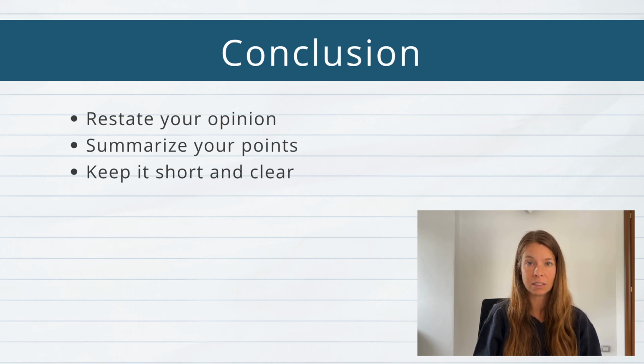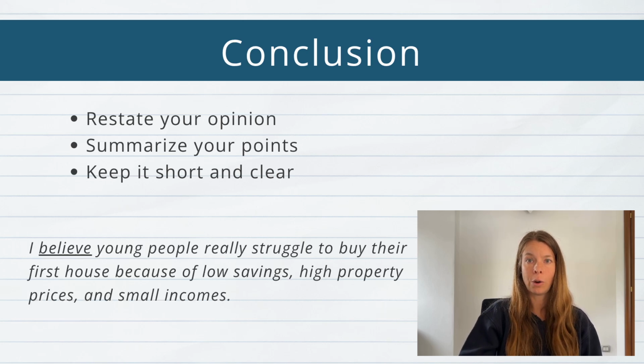Right, so we've already discussed everything. This is just going to tie it all together and put a little cherry on top of your final essay. So our example here is, I believe young people really struggle to buy their first house because of low savings, high property prices, and small incomes.